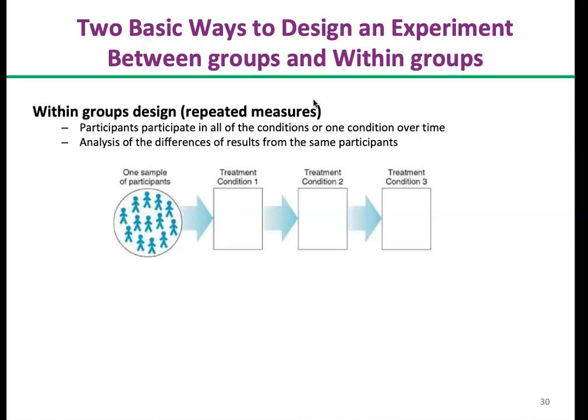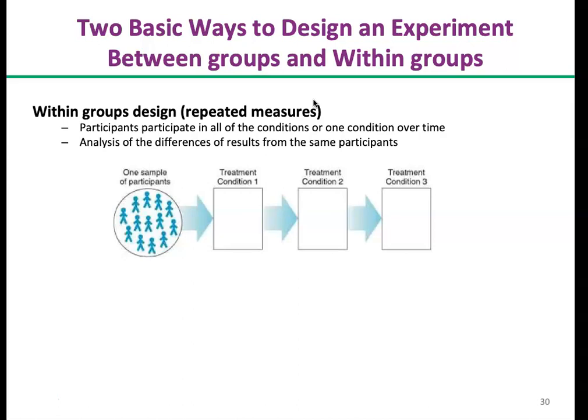Within groups, participants participate in all of the conditions or in one condition over time. Okay? So you'll have one sample and they'll undergo the treatment condition 1. Usually they'll be tested there. And then they'll all do condition 2 and they'll all do 3, being tested each time.